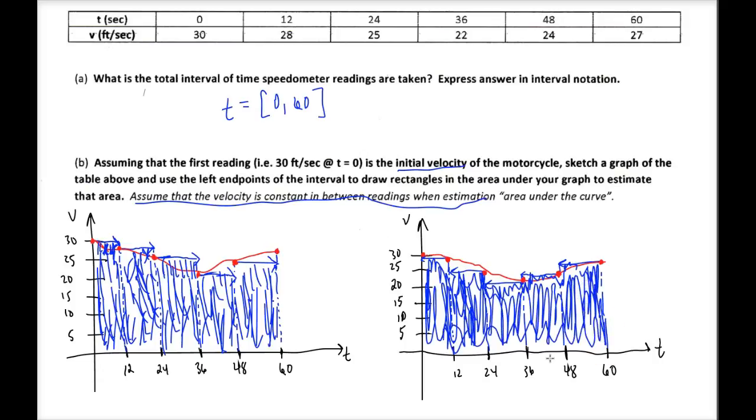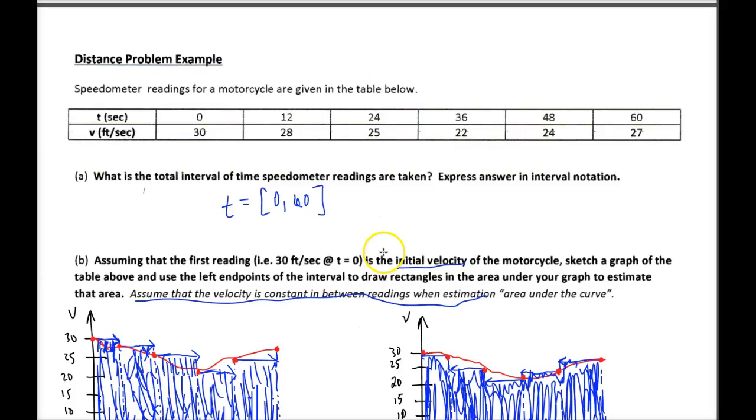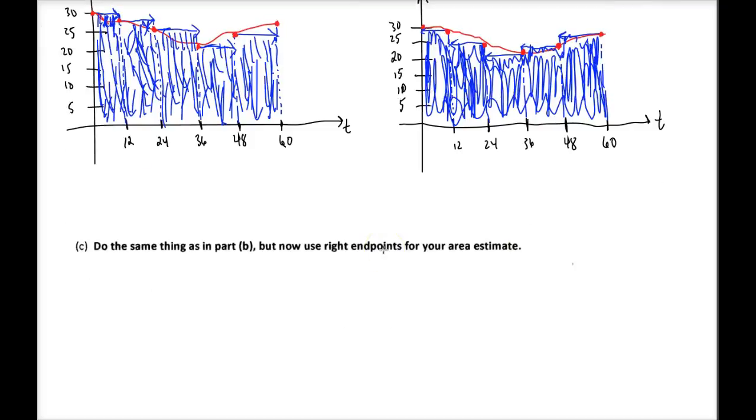And that's, in general, what the area under the curve of our velocity function would look like. So for part C here, we'll just say, look here for that. All right, so let's move on and finish up this example by going through the rest of the parts.